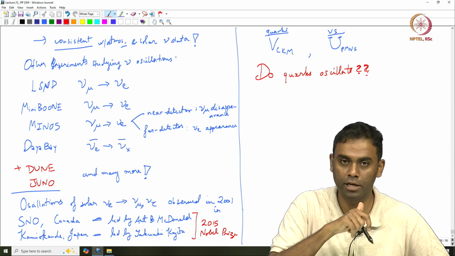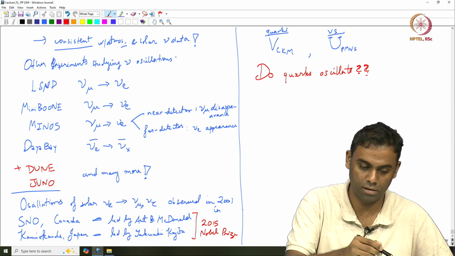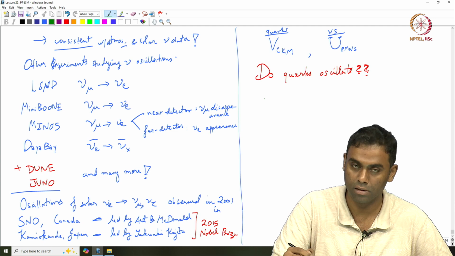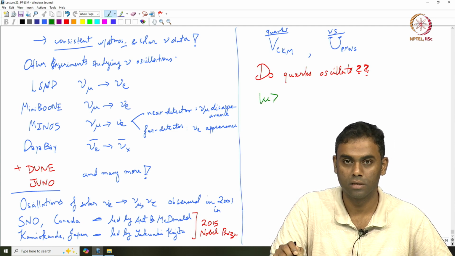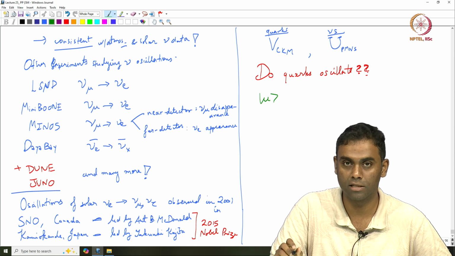Of course, you can also create quarks in their flavor eigenstate, nothing wrong in doing that. I can obviously start with some up quark in the flavor eigenstate.